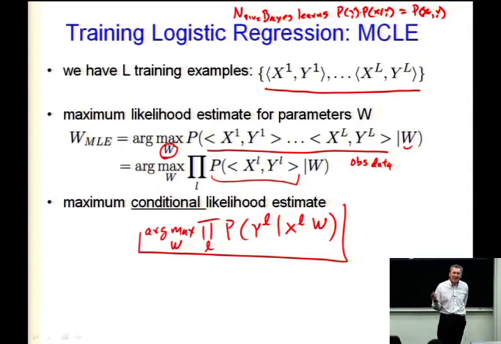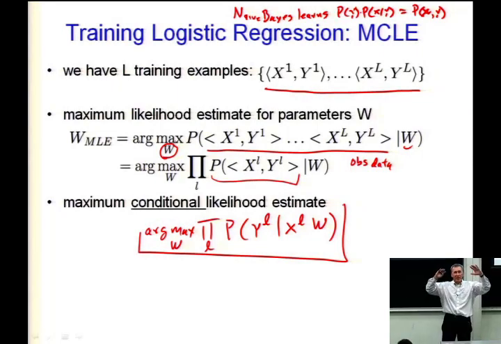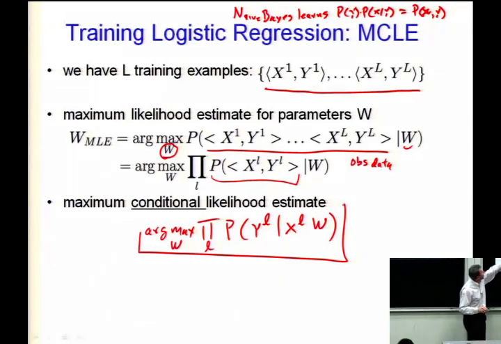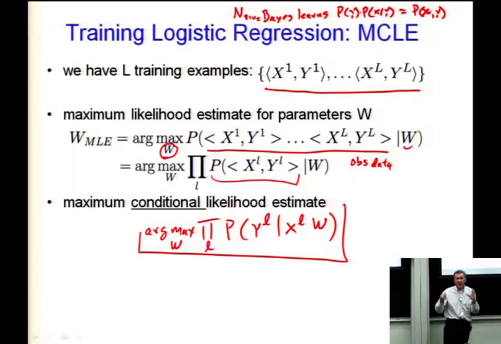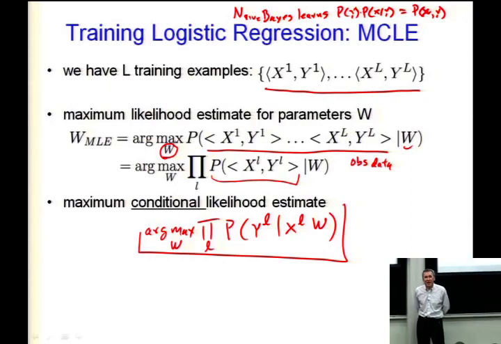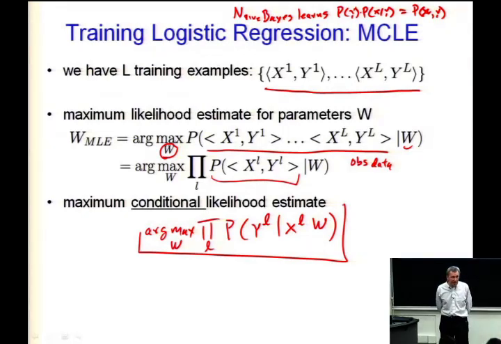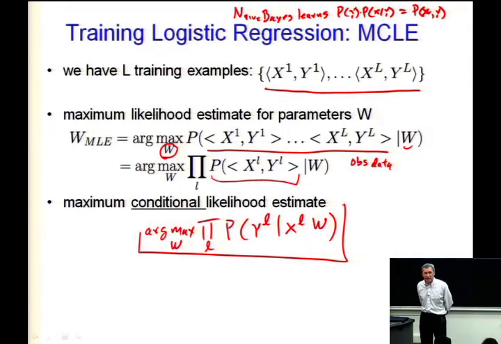When it's naive Bayes, we're learning these two distributions, which is equivalent to learning the joint distribution, P of X and Y. And here now we're interested in P of Y given X. And so we can train just to maximize the conditional likelihood of the observed Y values given the observed X values.